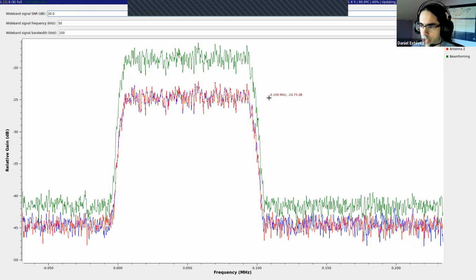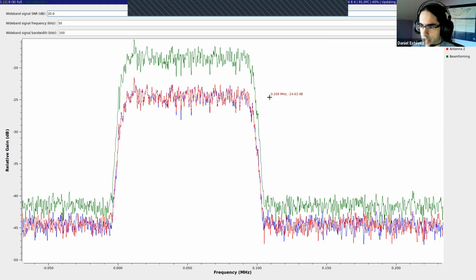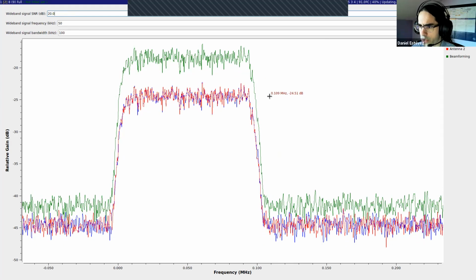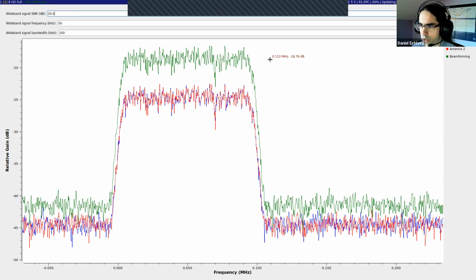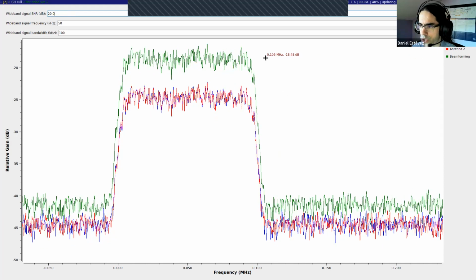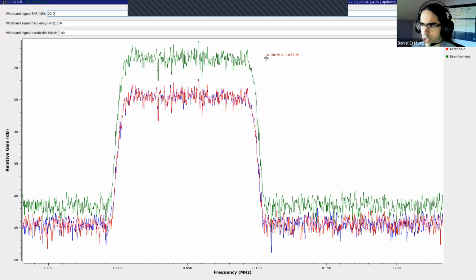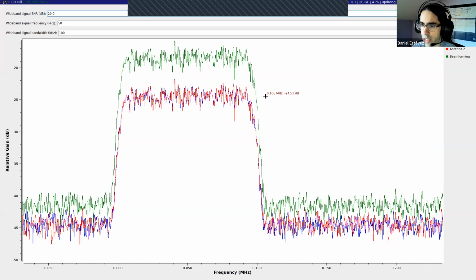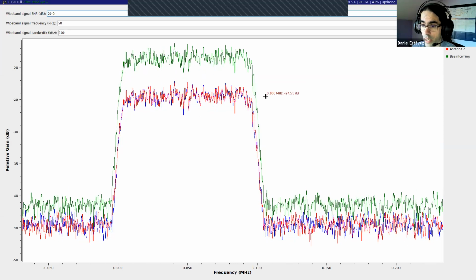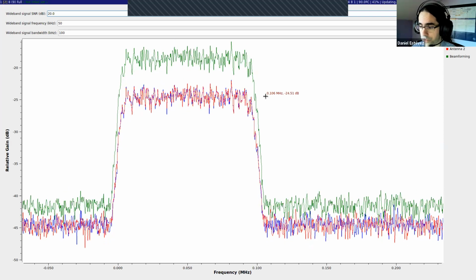And what I can see here is the signal is at minus 24.5 maybe in each of the antennas, but in the beamforming is at minus 18.5. So the difference between minus 18.5 and minus 24.5 is 6 dBs as we had calculated.